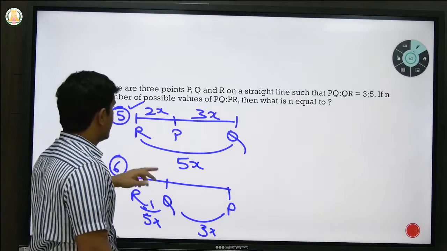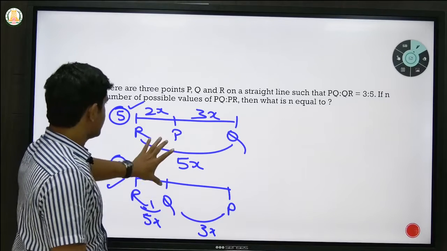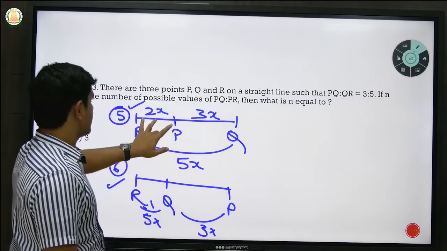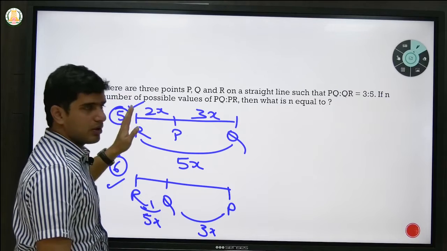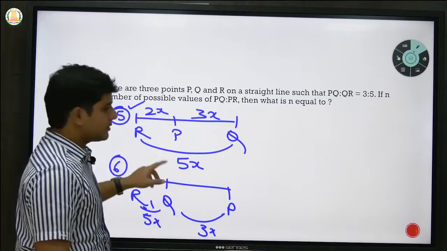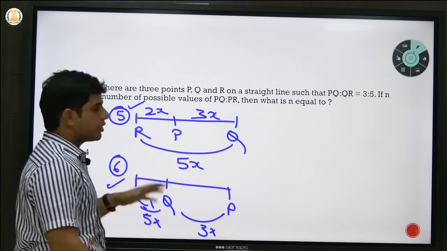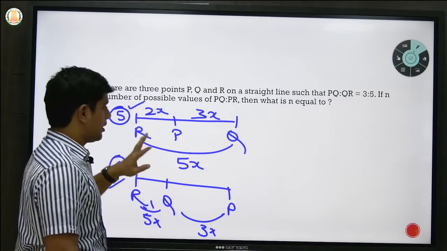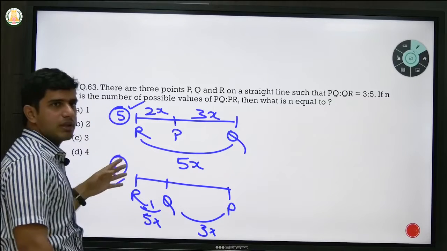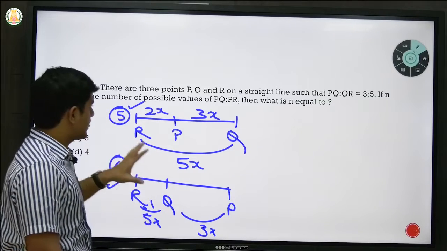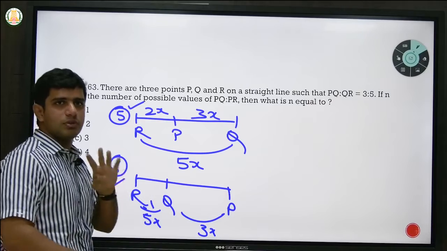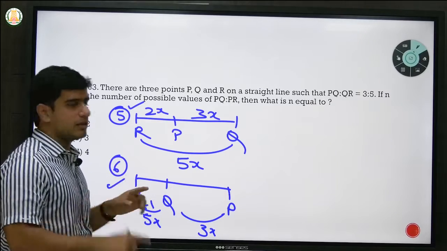So the first case and the third case are similar to the fifth and sixth cases. They are basically repetition. So out of 6 possibilities, you might get 4 possibilities, but there are actually only 2 possibilities because those 4 are repetitive of one another.